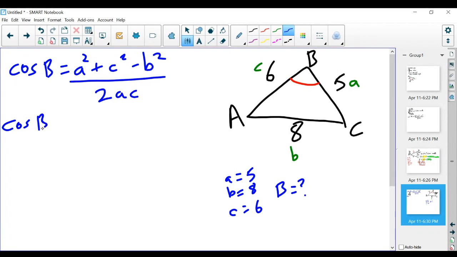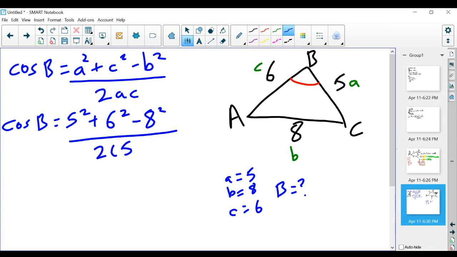So cosine of B is equal to 5 squared plus 6 squared minus 8 squared over 2 times 5 times 6.